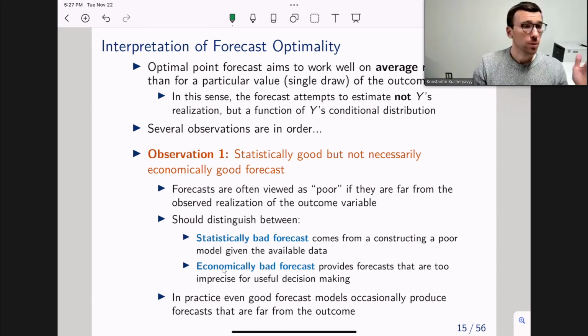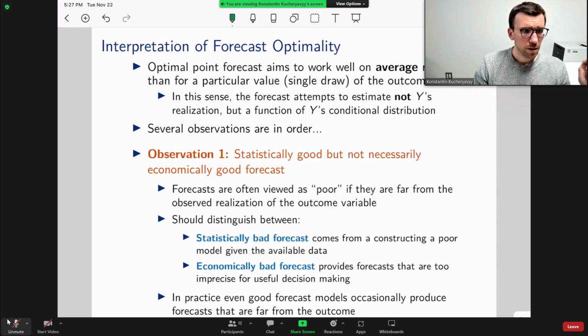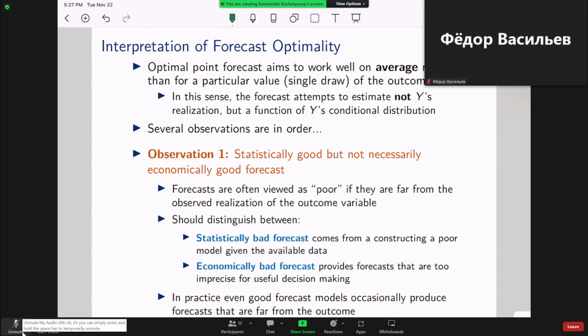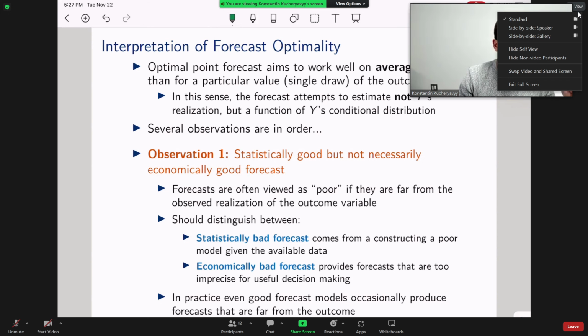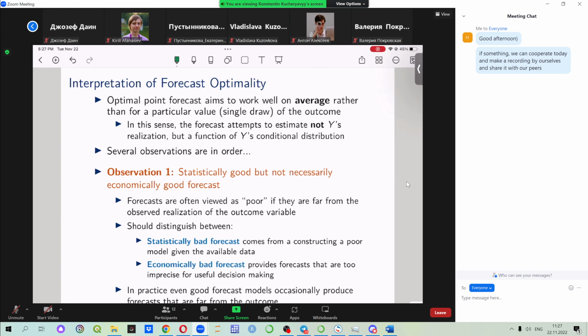So we make a 20-minute break, right? Yes. Okay, so let's reconvene at, let's say, what time? 11:45. Okay.